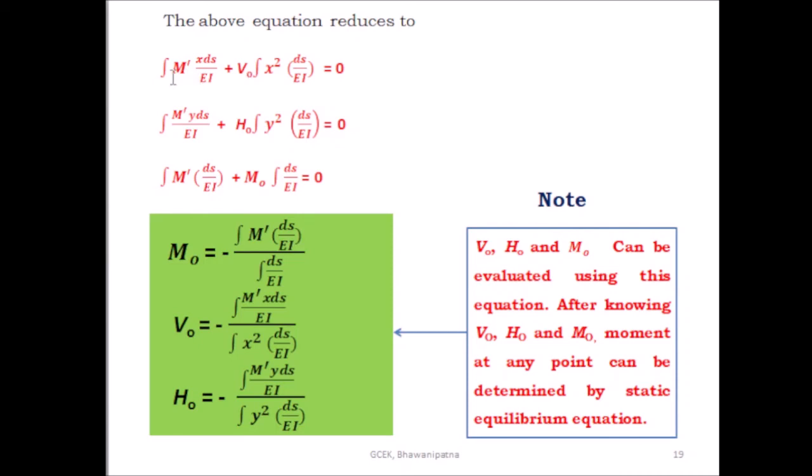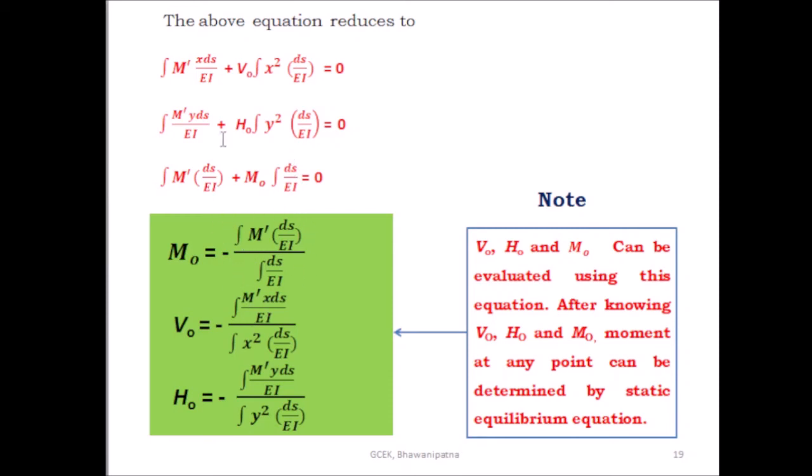VO is equal to minus integration m dash x ds by EI divided by integration x square ds by EI. So this is VO. Similarly, MO is equal to minus integration m dash ds by EI divided by integration ds by EI.